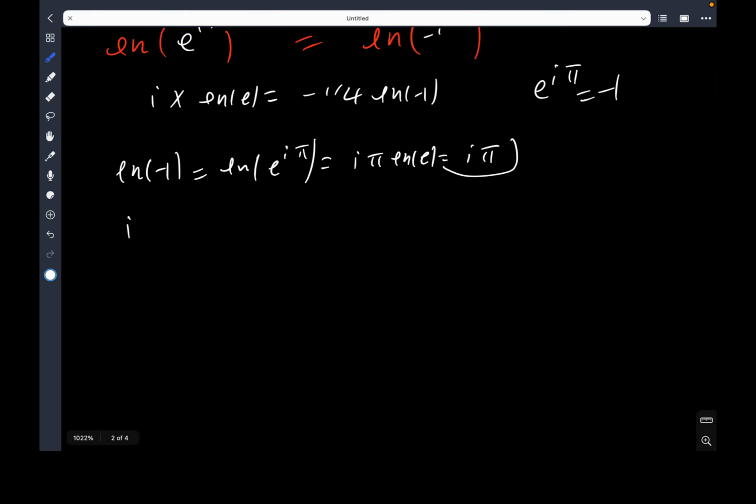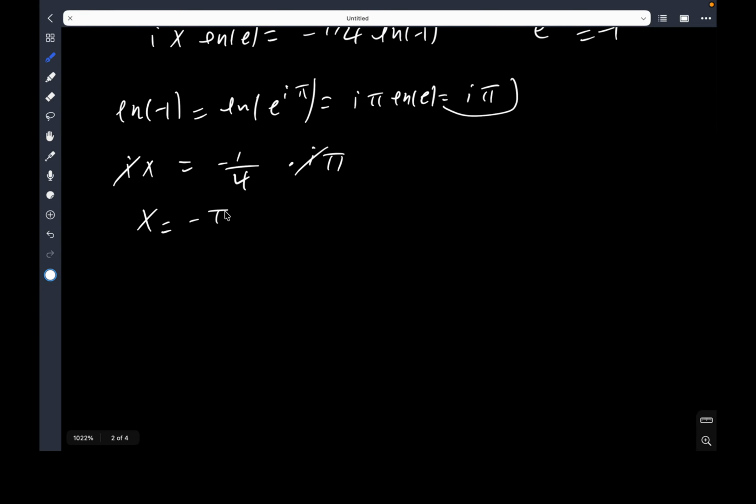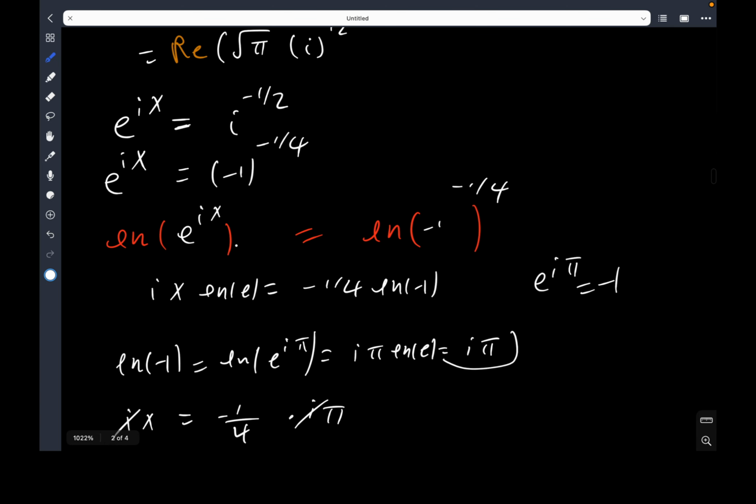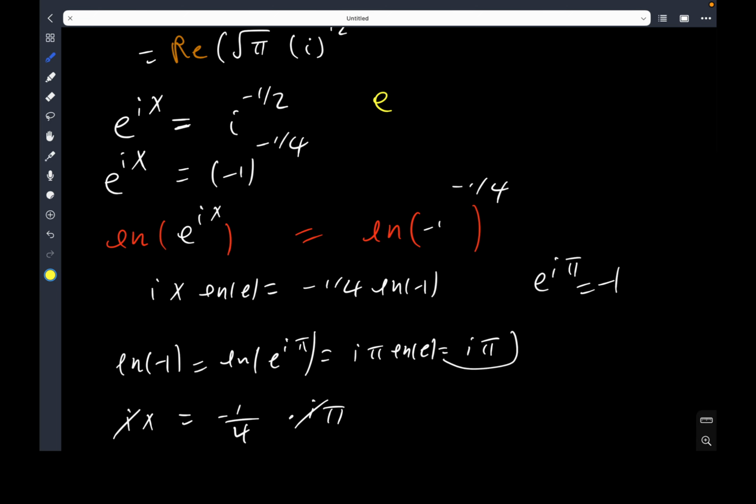So I can write this as ix equal to negative 1 over 4 times i pi. The i's are going to go away, and x is going to be negative pi over 4, which means that e to the negative i pi over 4 is the complex number that would give me 1 over root i, or negative 1 to the negative fourth.